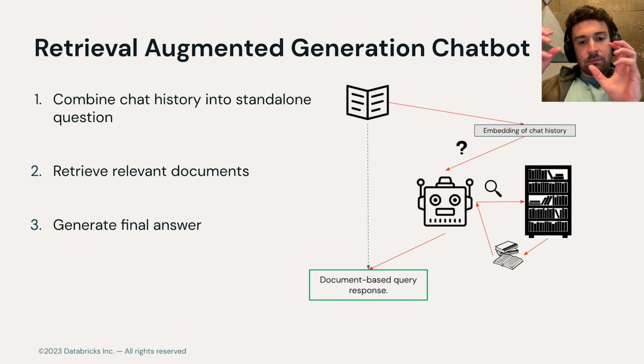So this condensing step is really important. So you do that, then you look up relevant documents and you get back a list of relevant documents, and then you pass this to a language model to generate the final answer. And so this will take in the original question, the chat history, and the retrieved documents, which the prompt will generally ground the response in, and it will generate a final answer.